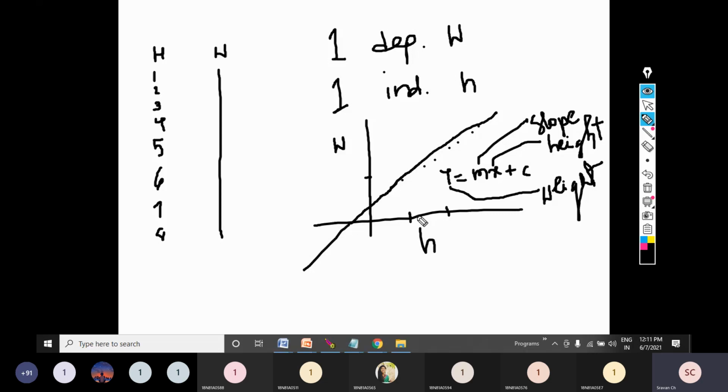I have filled these 200 values into y equal to mx plus c, and my program has understood one important point, that is slope. How these changes are being done. When I make some change in height, how much change is seen in weight. Like that, not one example, it has seen 200 examples.